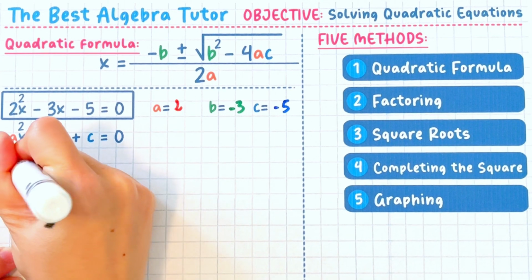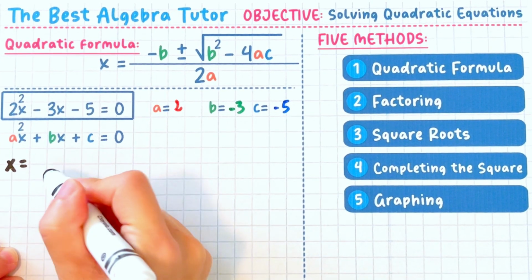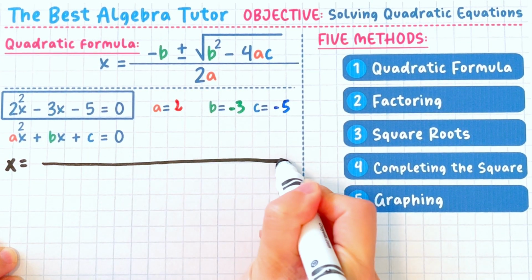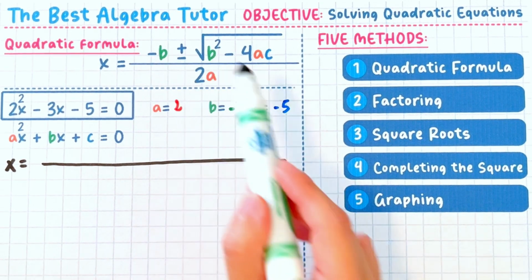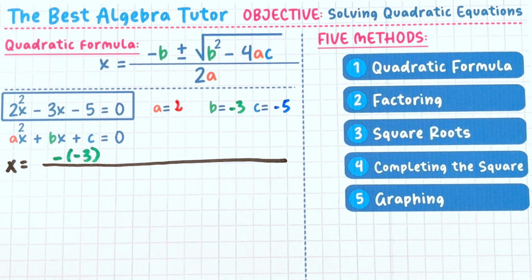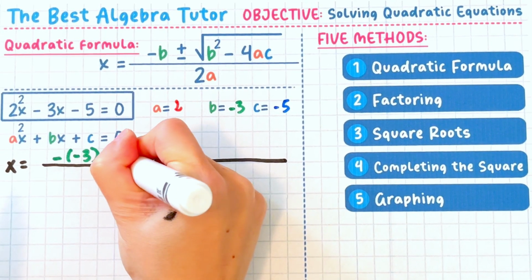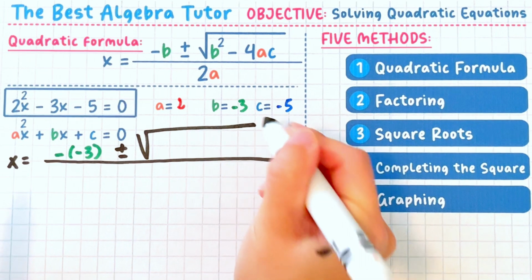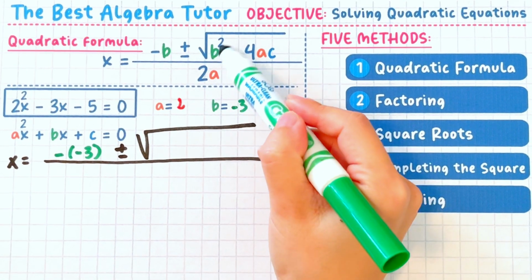So my x is, I'm going to rewrite everything. Negative b, so negative of negative 3, plus minus the square root of b squared.